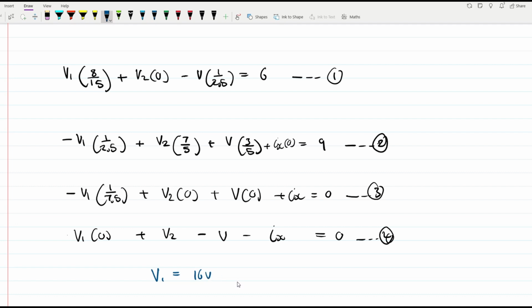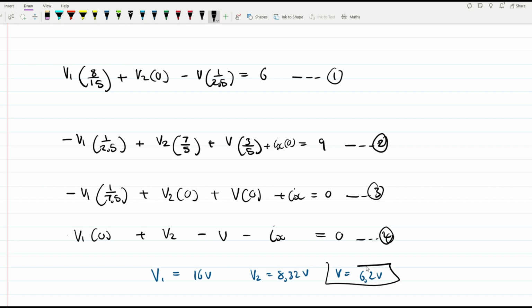And then for V2, I got 8.32 volts, and then for V you should get something like 6.2 volts. So we have already solved for V.